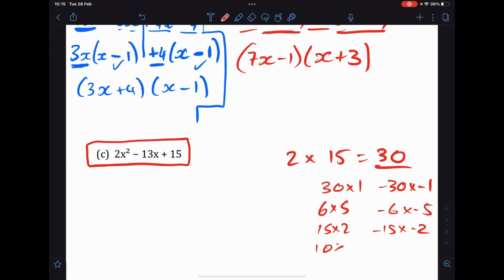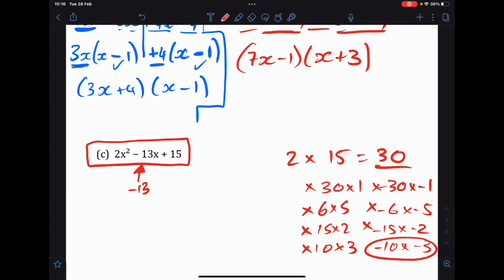Or 10 times 3, or minus 10 times minus 3. Now, I think that's everything that makes 30. Now, I'm trying to choose the one that adds up to negative 13. Okay, so it's not this one, that's 31. It's not this one, that's 11. Minus 11, that's 17. Minus 17, that's 13. And this one is minus 13.